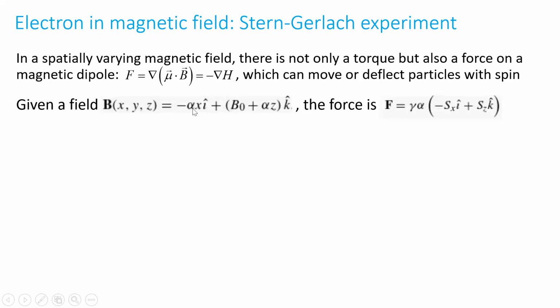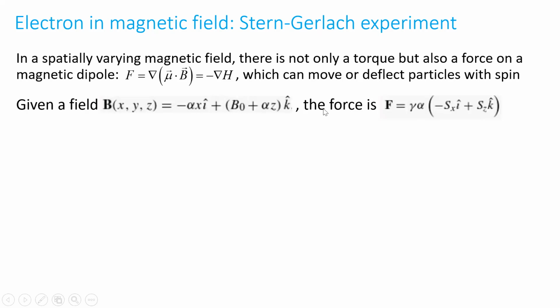Okay. And you may wonder why we don't just put the z component in. Well, we have to put the x component in so that the divergence of B is 0, which is a condition on B. So we have to introduce this little x component here to make it a valid magnetic field with 0 divergence.